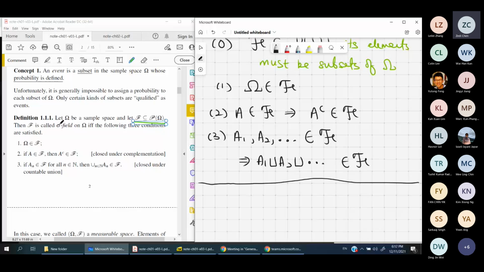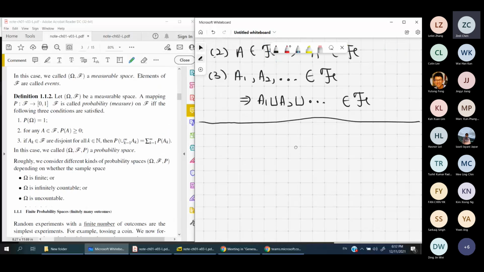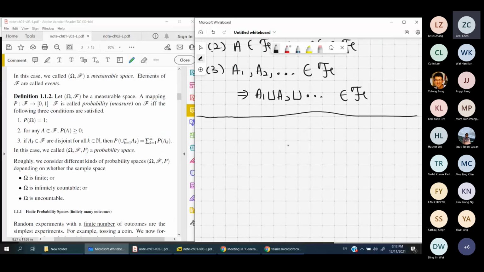For the next one, this will be the definition for our probability measure. Definition 1.1.2.